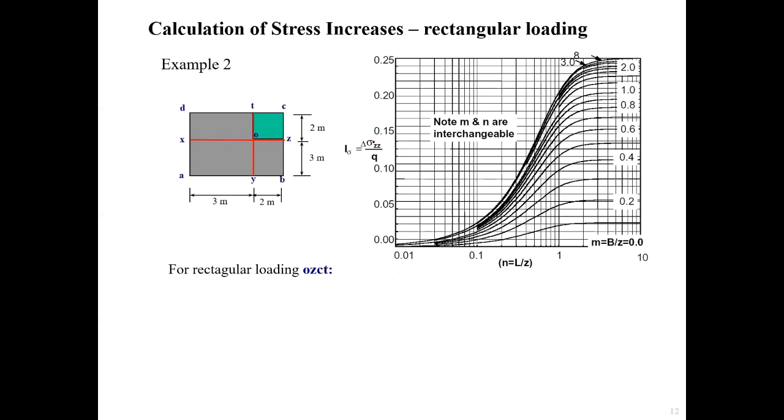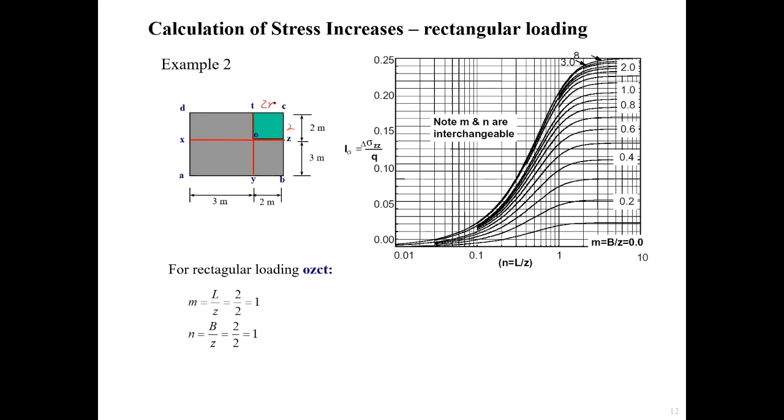For rectangular loading OZCT, we need M, where L will be the longer side of this small rectangle. Since this is a square, it doesn't matter which one is which. L is 2 meters and B is 2 meters, it doesn't matter.